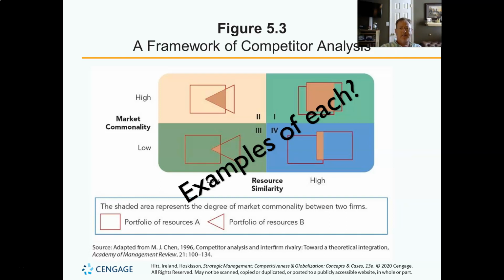Another example of somebody who has high market commonality with those and very low resource similarity is the United States Postal Service, because the Postal Service doesn't own any planes or big terminals, big hubs like what FedEx owns. So you can think through that process of resource similarity and market commonality to try to figure out what the level of competition is going to be.